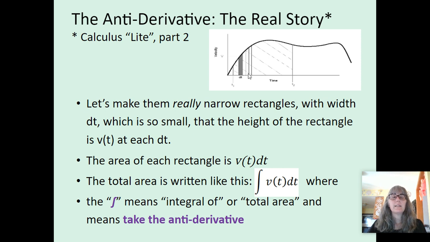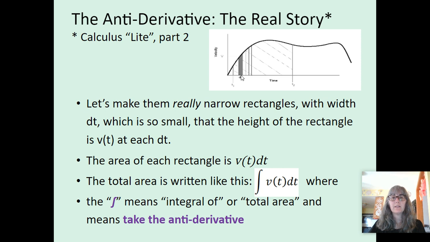If we make the rectangles super small, so they're little teeny tiny rectangles, so that it's a dt, a little teeny tiny segment of time on the x-axis, then the area of each rectangle would be the velocity at that time. That's going to be our height, I guess, is how high up it goes.